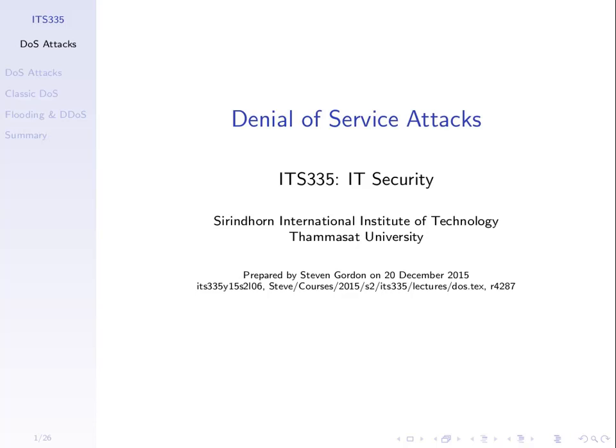When we want to secure a computer system, if we make that computer system available to our users, a security attack would be to make that computer system unavailable. And such an attack denies the normal users use of the service. So we call it a denial of service attack, or abbreviated DoS, a DoS attack.